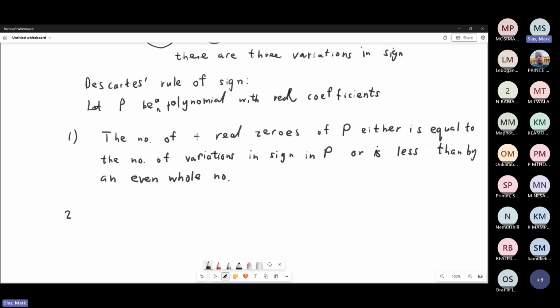And let's check the second point. The second point speaks of P of minus x.